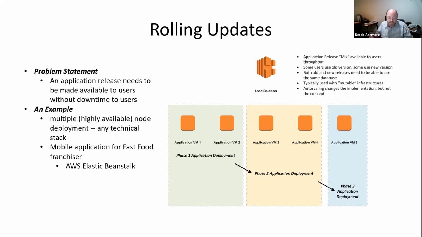The number that you choose and how you configure that pipeline, your mileage might vary. You might only need 1 VM up, and I've seen people just do their rolling updates 1 VM at a time from A to Z, something along those lines.